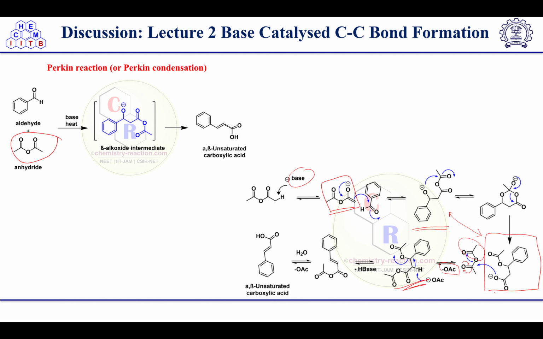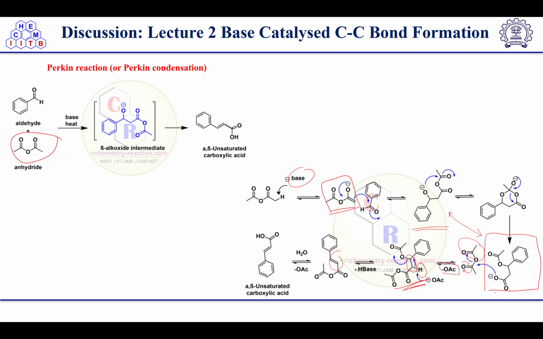this acetate will again abstract the proton, which is acidic here, right? This proton is acidic, so it will abstract the proton, and enolate formation will take place, and this group will knock out. The negative charge will generate over here, and this acetate group will knock out to give the double bond over here at this end.